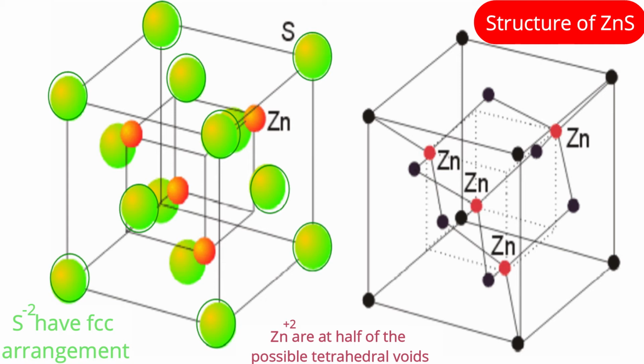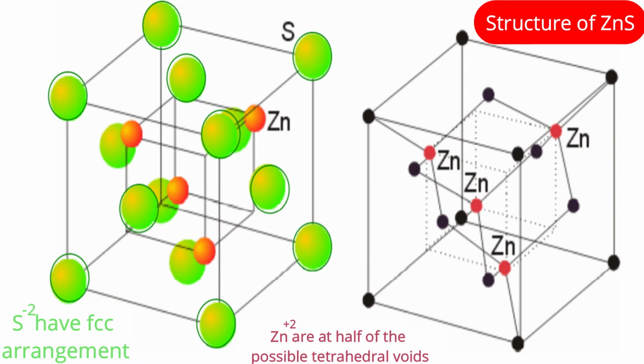Now Poonam had a question: if 8 voids are there, then 8 zinc ions should be there. Only half of the tetrahedral voids available are filled.